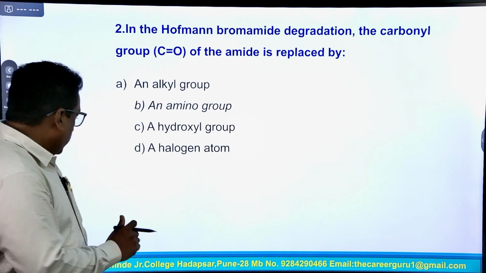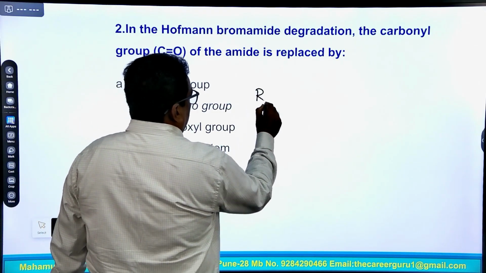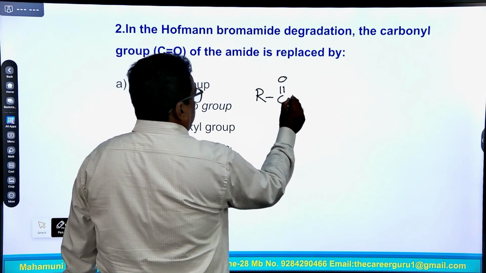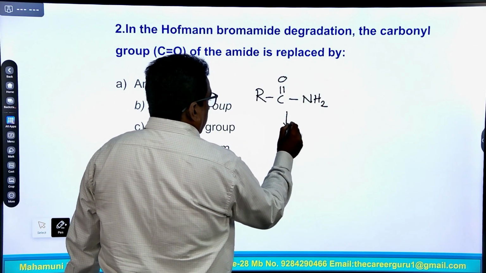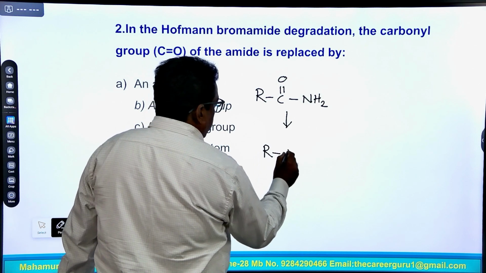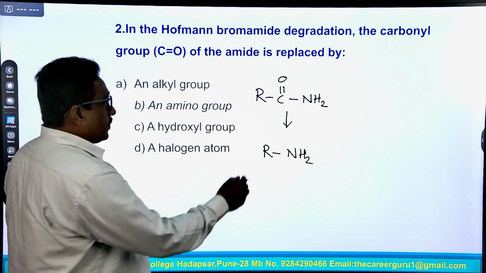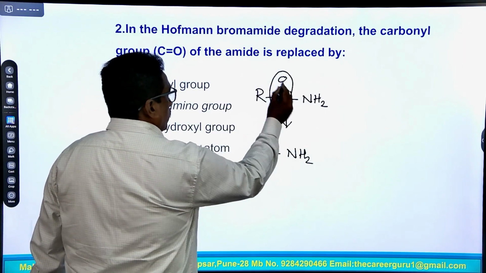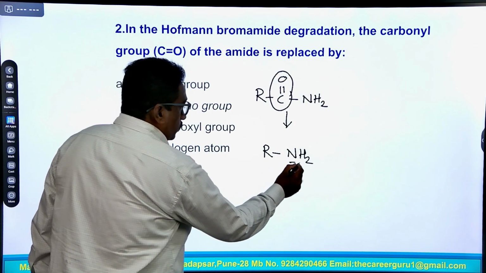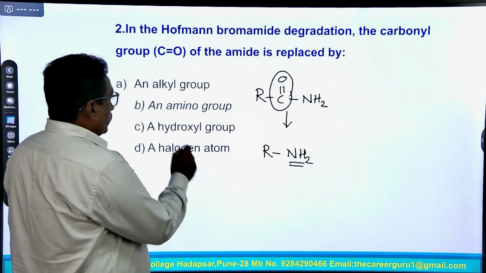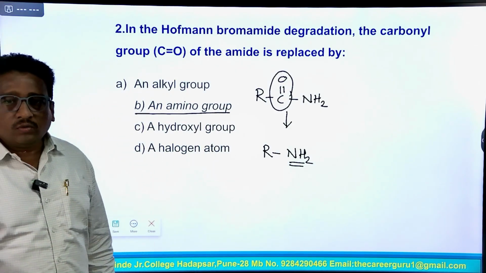We have studied that in this reaction RC double bond O with NH2 group attached is converted to RNH2. So, the carbonyl group of amide is replaced by NH2 group, meaning amino group. The correct option is option B, an amino group.